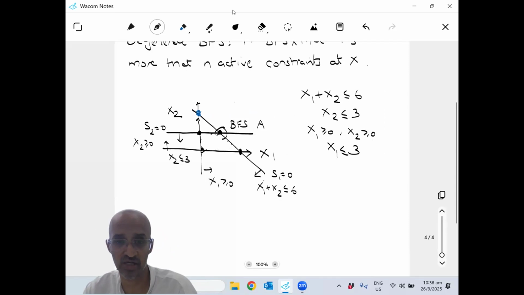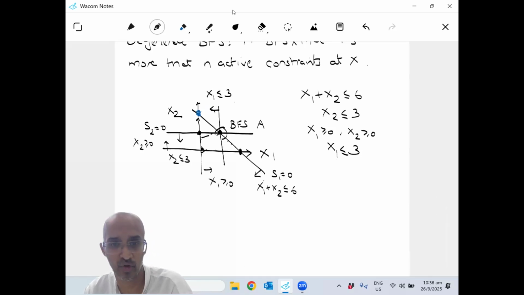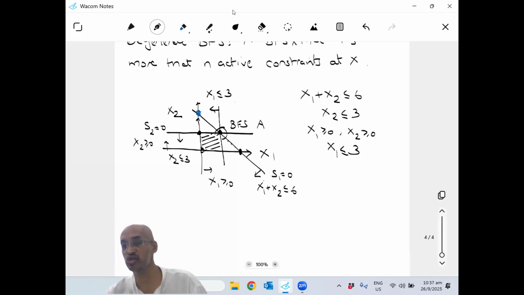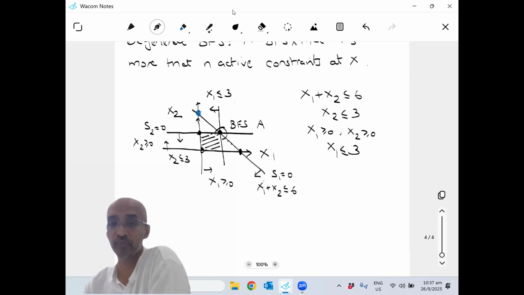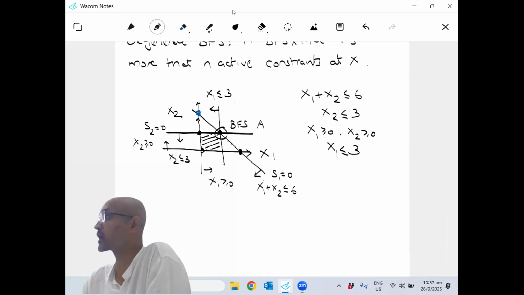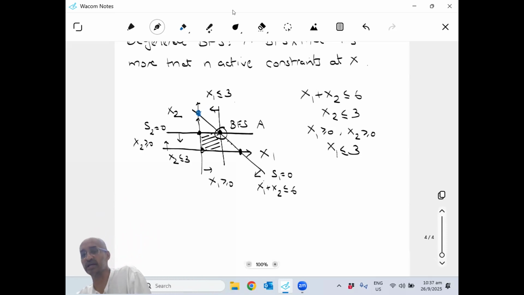So what is this constraint? This point was the point 3 comma 3. X1 less than or equal to 3 is a constraint of this type. In this problem, my feasible region has now actually become a box, or a square rather. I cut off part of my feasible region with this constraint. Take this point A now.